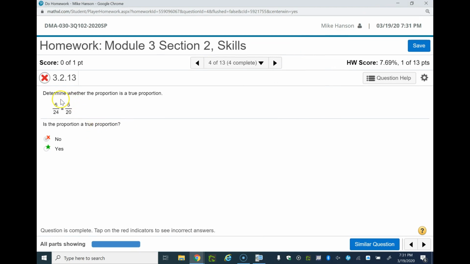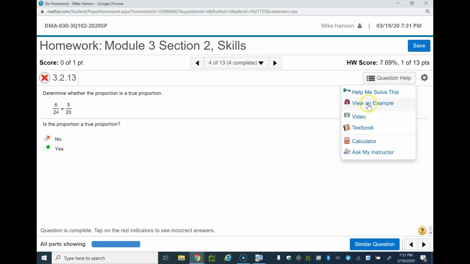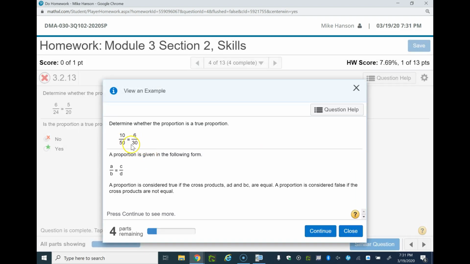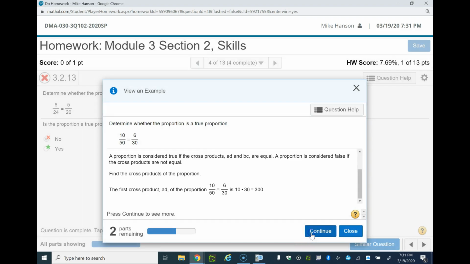So this one here, determine if the proportion is true. If we're looking at an example problem, the best way to figure out if these two fractions or ratios are equal to each other, which means proportion, is to multiply diagonally. So if you just take your calculator, multiply 10 times 30, and then 6 times 50.